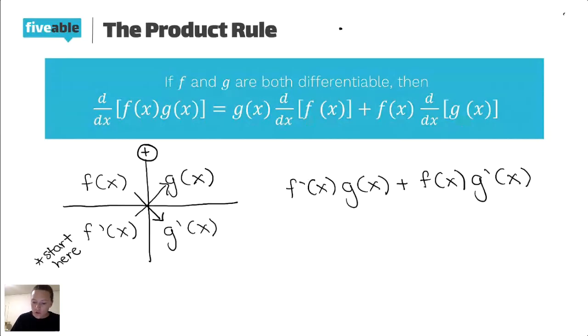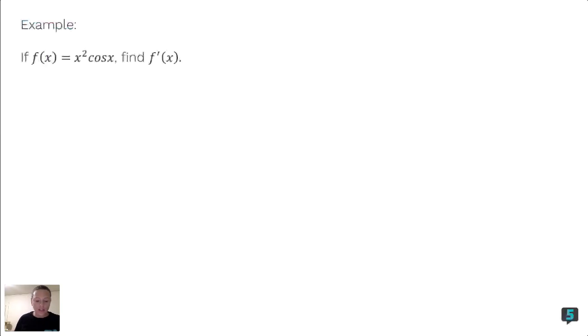All right, so let's look at our first example of product rule. This tells me that if f of x equals x squared times cosine x, we want to find f prime of x. So we want to find the derivative of f of x. Now, when I look at my function f of x equals x squared cosine x, I have a product, okay?